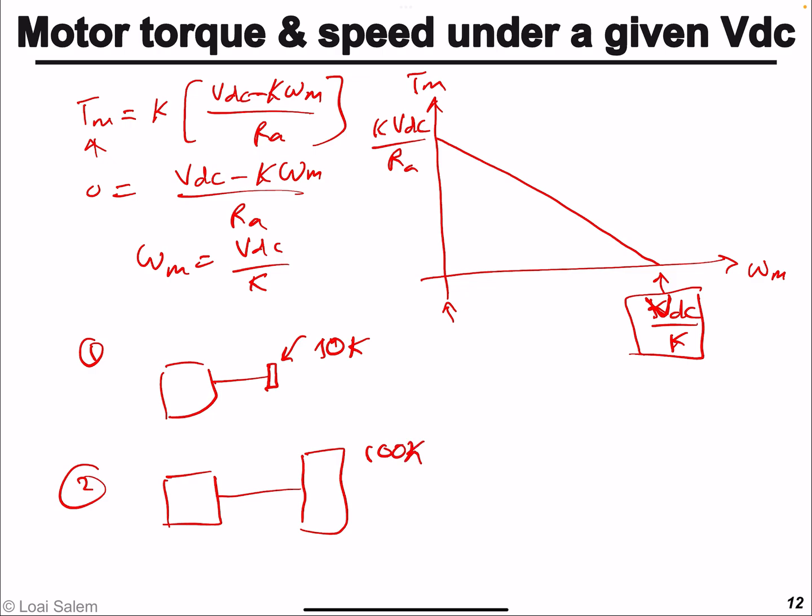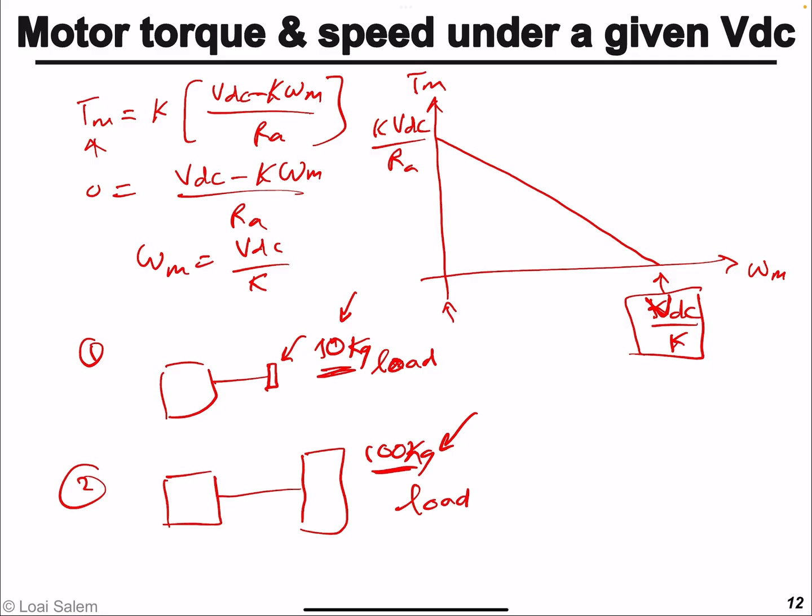Obviously, the mechanical load in scenario 1 is going to introduce a smaller load torque than the 100 kilograms. So the 100 kilograms is going to produce a larger load torque than the 10 kilograms case. Rotating the 10 kilograms requires a smaller amount of torque than rotating the 100 kilogram load.